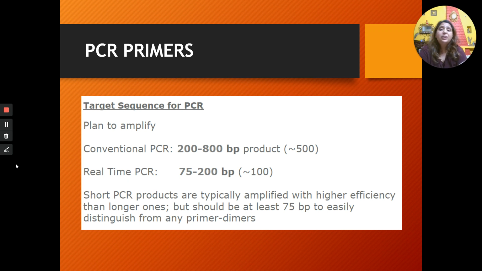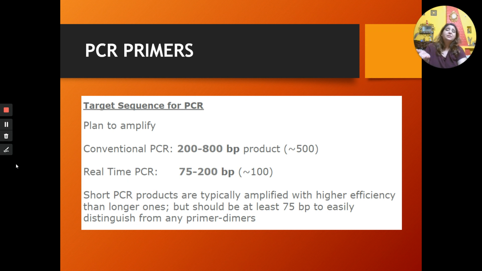Now, talking about the characteristics of primers. For a conventional PCR reaction, our amplicon generally ranges from 200 to 800 base pairs, or we can say from 200 to 1000 base pairs. But nowadays there are PCR reactions which can amplify larger fragments also, but this is on average.